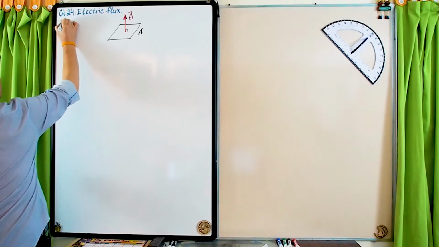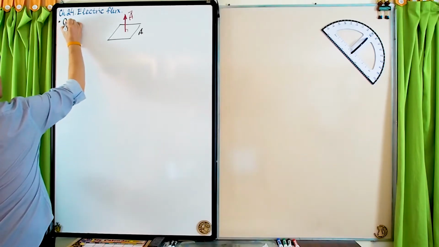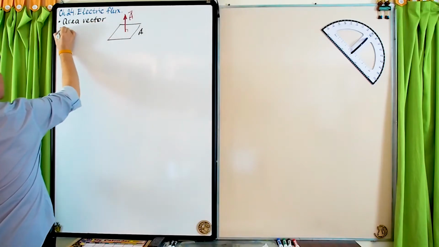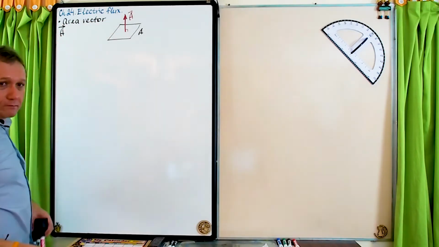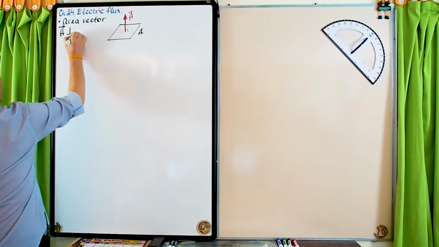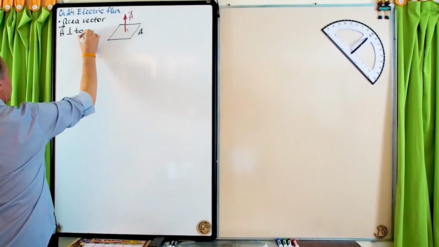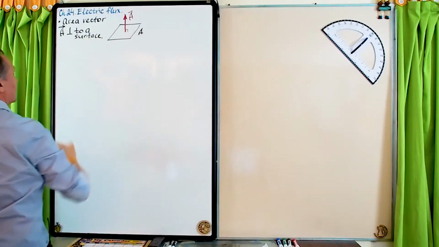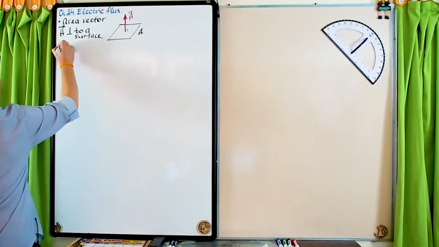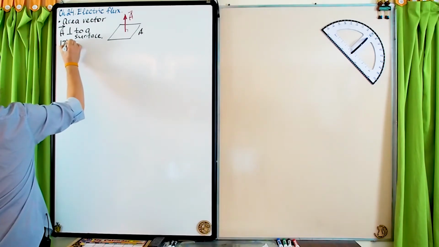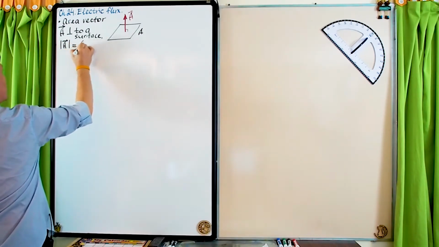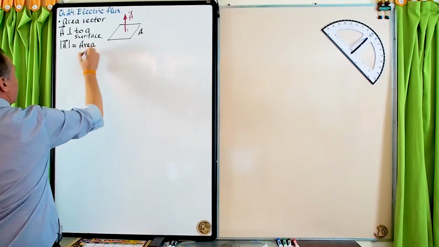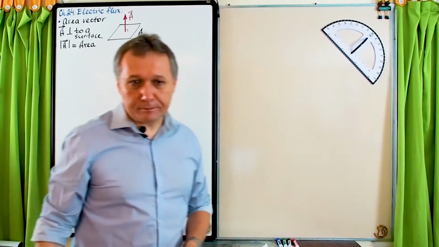So let me first write the area vector. Area vector, and then A, area vector perpendicular to the surface. Okay, let me use A surface. All right, and then the absolute value of the area vector equals the area. Okay, I can even write area of that surface.